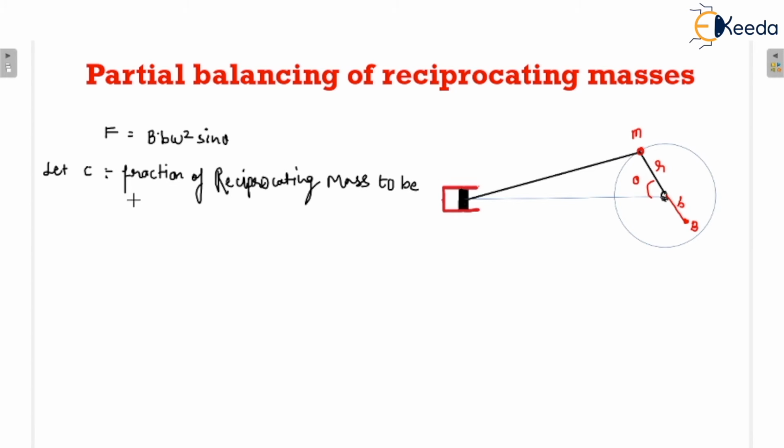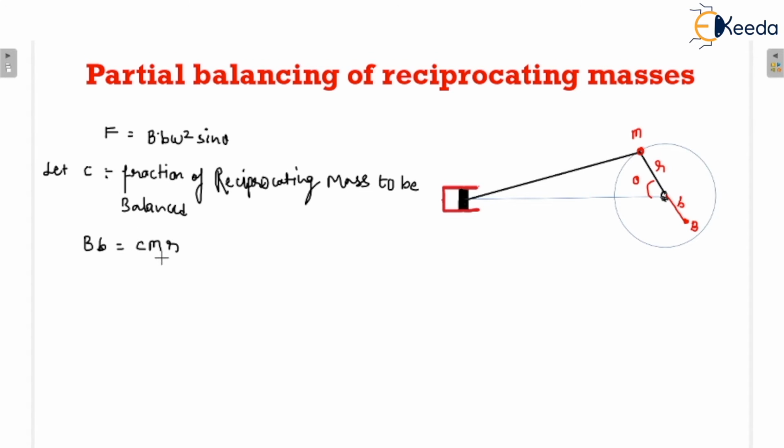If c is the fraction of reciprocating mass to be balanced, what would be the relation? The relation would be B b is equal to c M R. Are you getting my point?